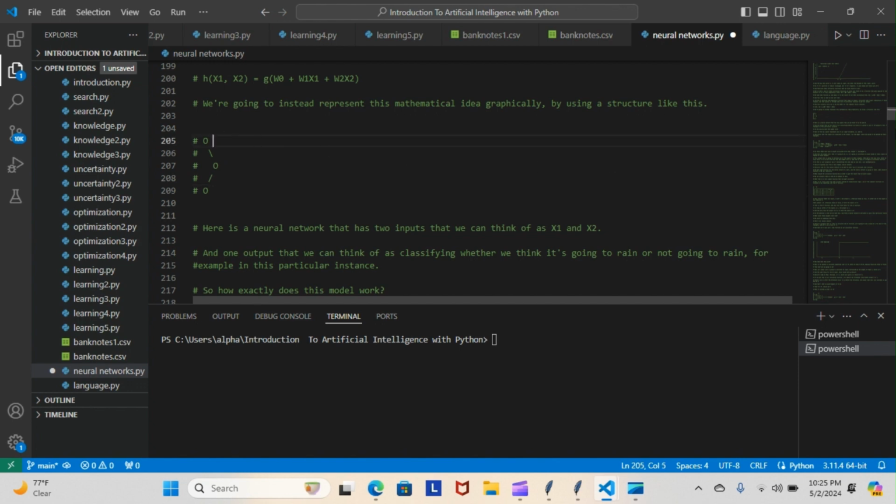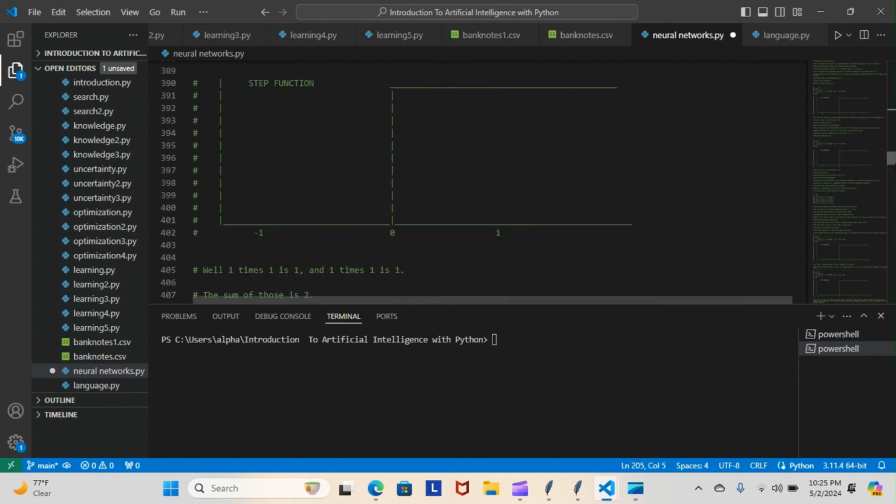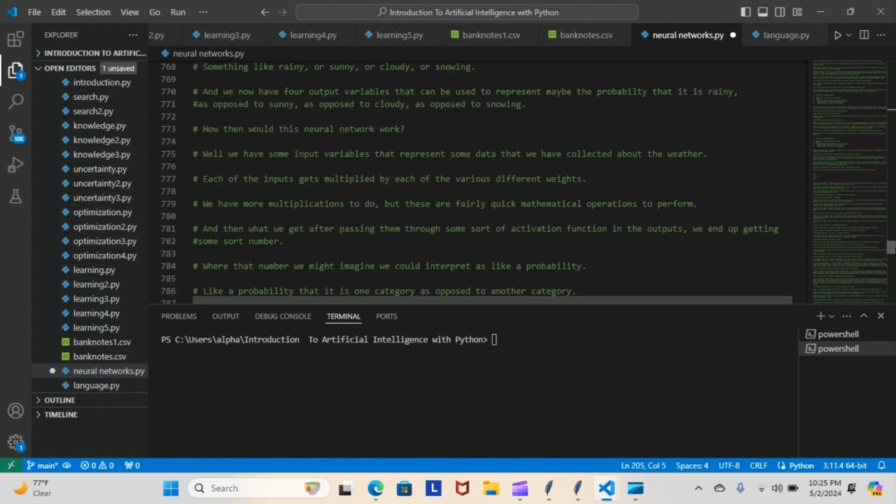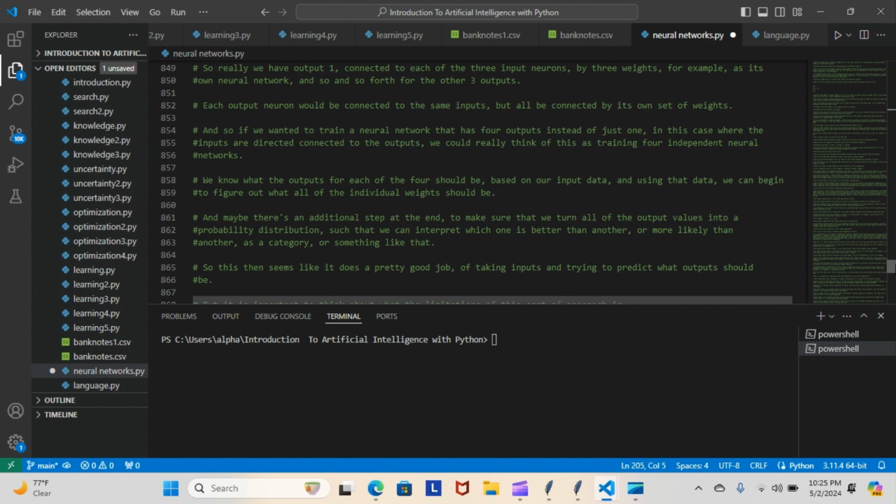Now let me go back and find my place so we can pick up with the reading. Each output neuron will be connected to the same inputs, but all be connected by its own set of weights, like I just showed you. Each one of those outputs was connected to the inputs by its own set of weights.